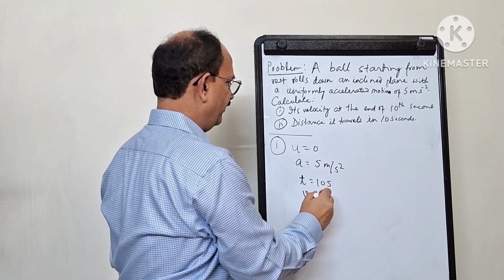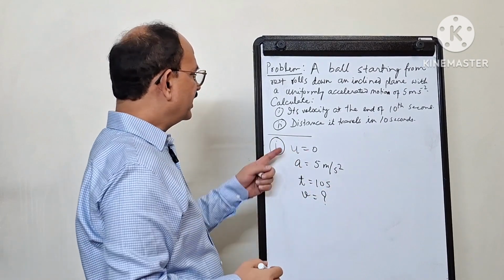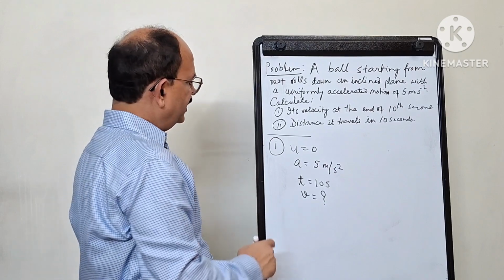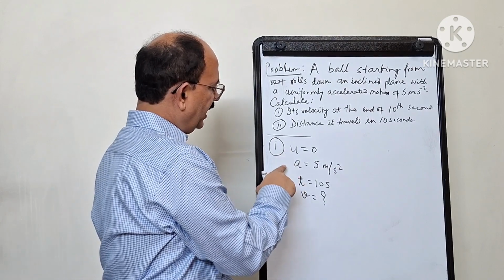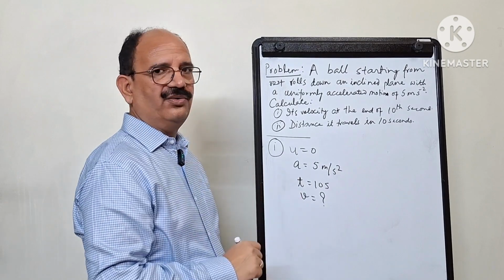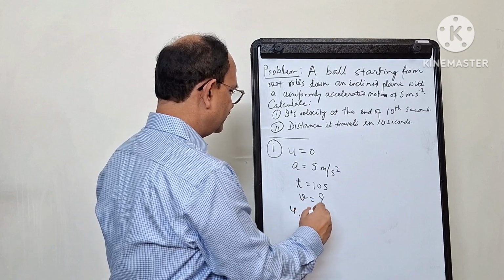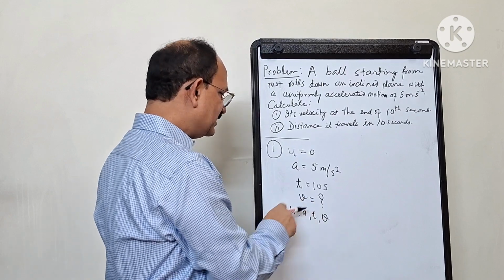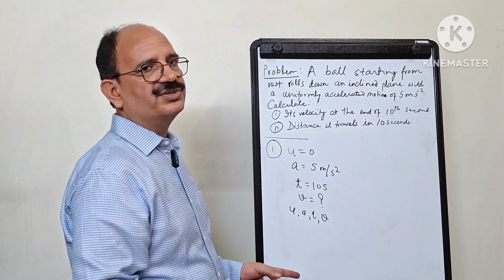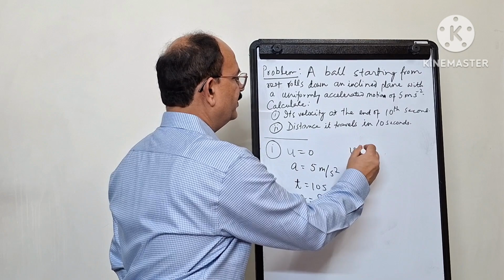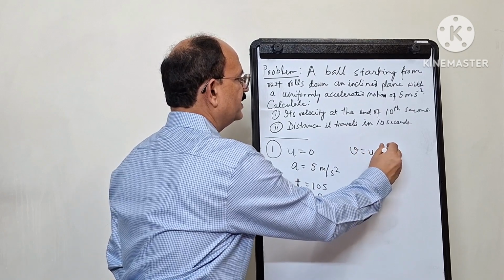And we have to find out the final velocity. Now from the given set, if you look at u, a and t are given and v is to find out. So combination of all these variables is like this. Now basis this combination, the correct equation to be used is v is equal to u plus at.